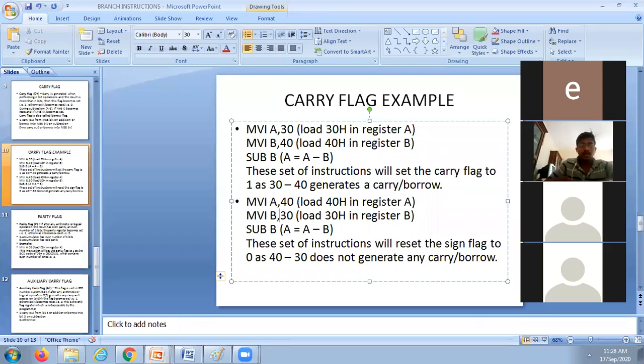Similarly, A is 40 and B is 30. In that case, does it generate any carry? It does not generate any carry.